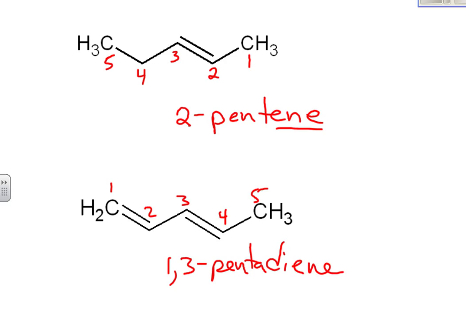What this is telling us is that there's a double bond that starts on the first carbon, a double bond that starts on the third carbon, and it's a diene, so there are 2 carbon-to-carbon double bonds. So again, the double bond starts on the first carbon and the third carbon, and we get that 1,3-pentadiene.